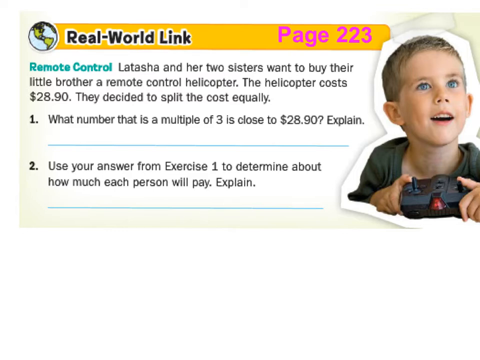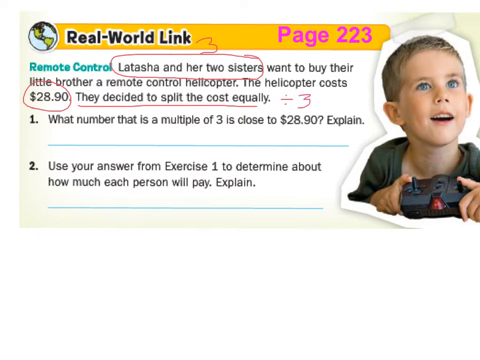Alright, so let's take a look at this real-world link. The remote control. Latasha and her two sisters, I'm going to circle that, because I'm not working with 2, I'm actually working with 3, want to buy their little brother a remote control helicopter. The helicopter costs $28.90, and they decide to split the cost equally, meaning I'm going to divide by 3.